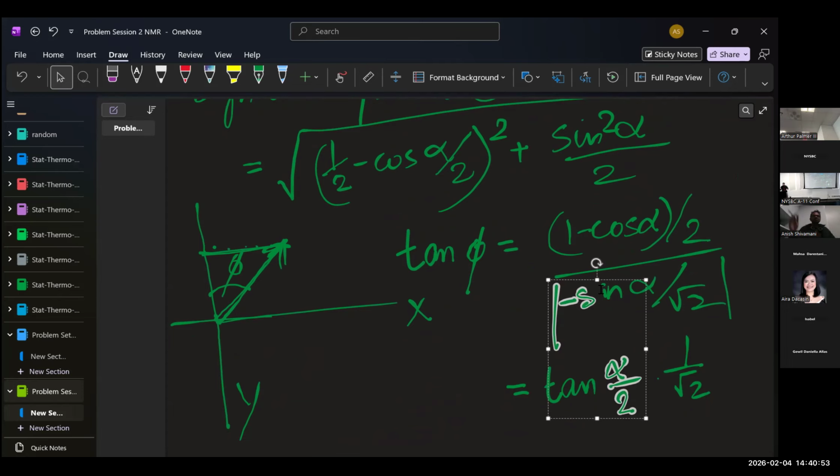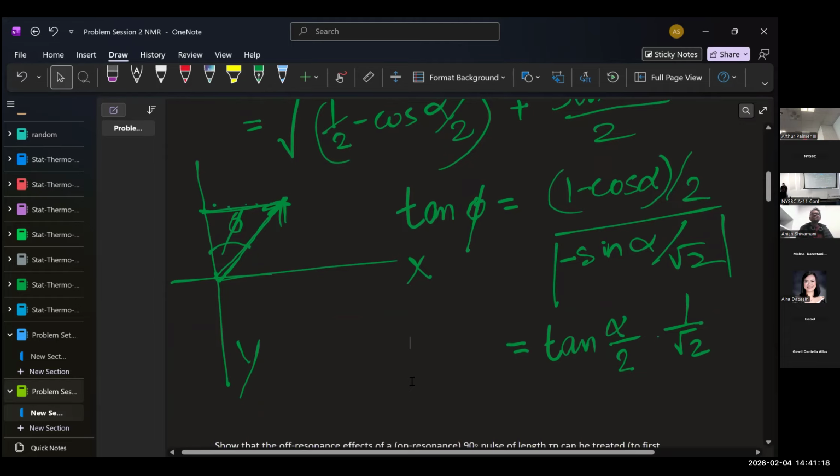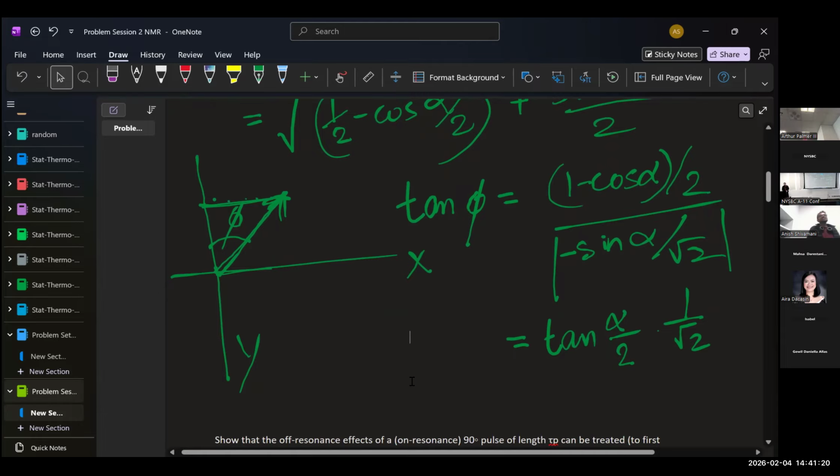If you do a 90-degree substitution, well, Z is going into the board. But we're not measuring the phase here relative to the x-axis. We want the phase relative to the minus y-axis, because that's where the magnetization would have ended up with an ideal pulse.